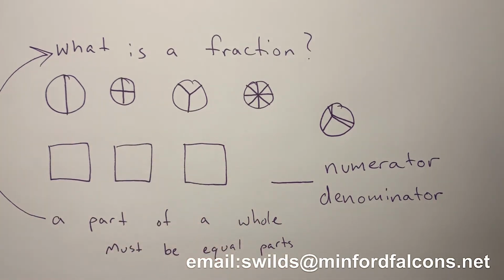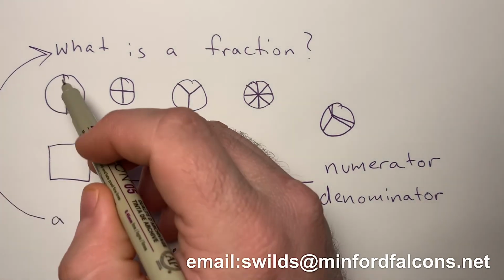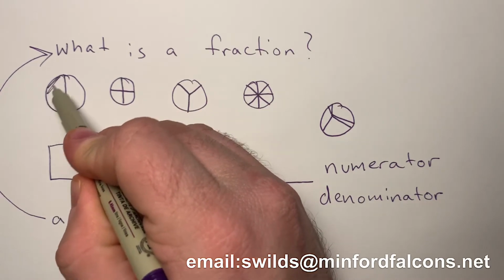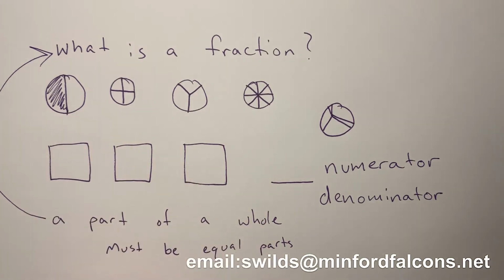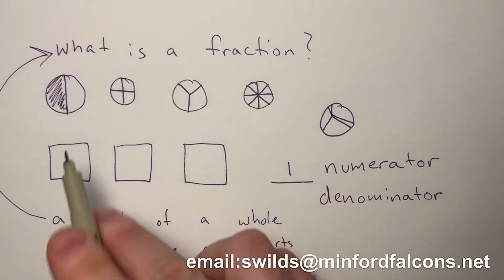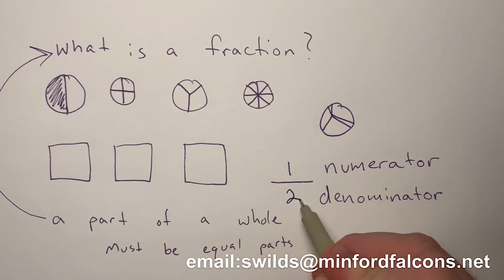So now when we're talking about a fraction, all a fraction is, is a part of a whole. If I were to take this circle and shade in one part of the whole, that means I'm shading in one part of the whole, and the number in the whole is 2.